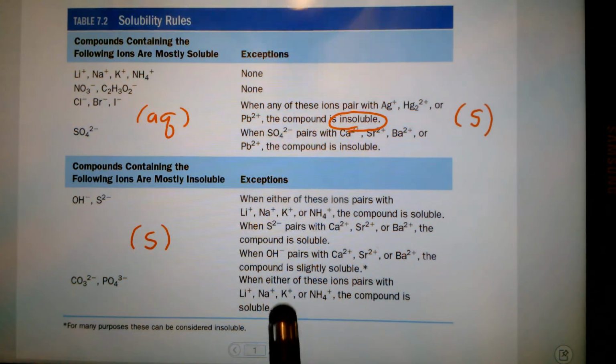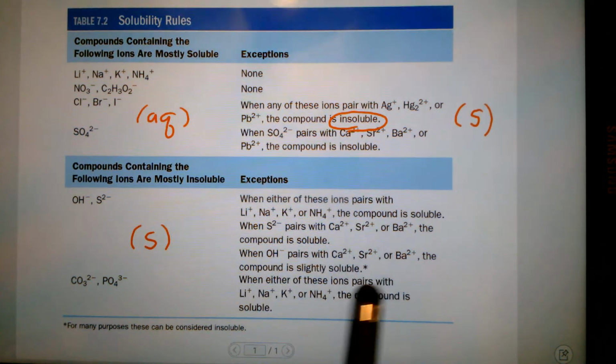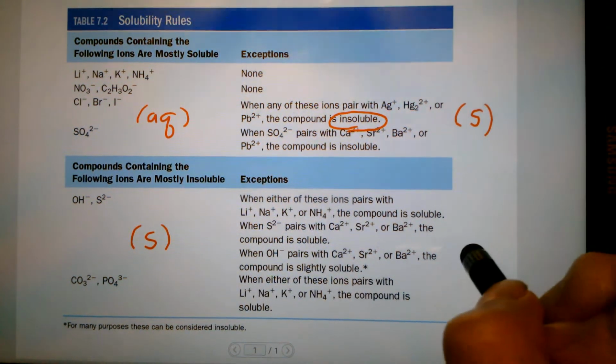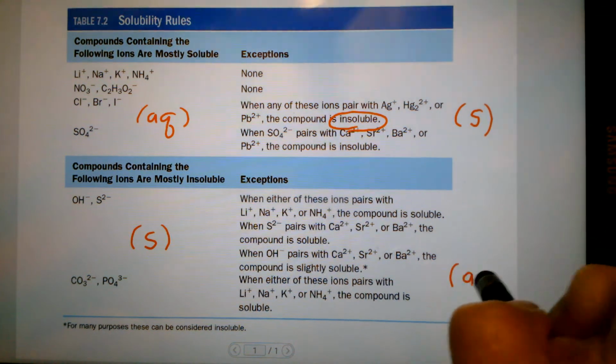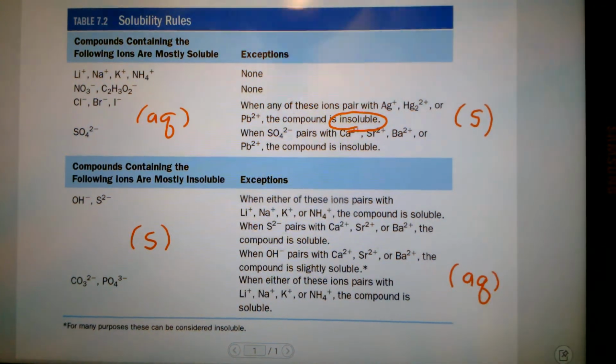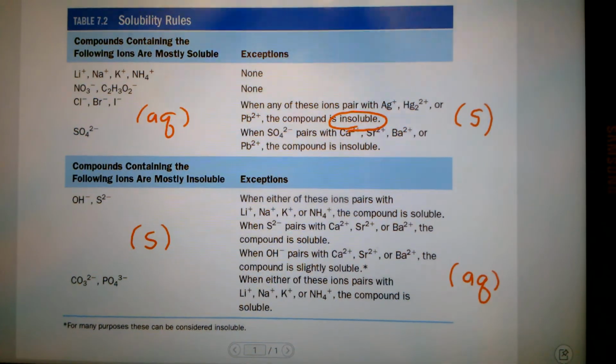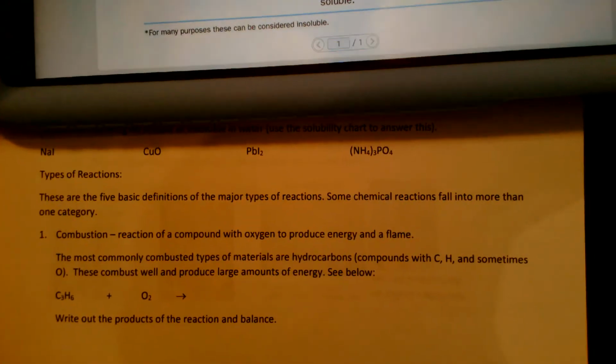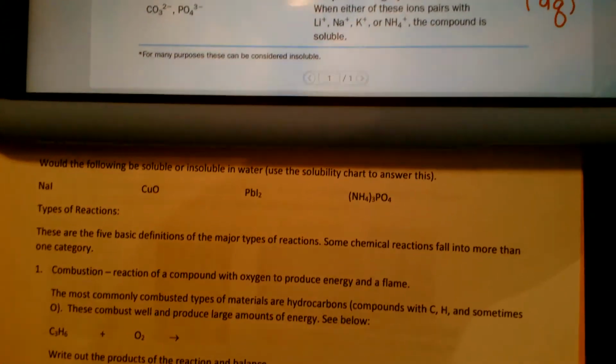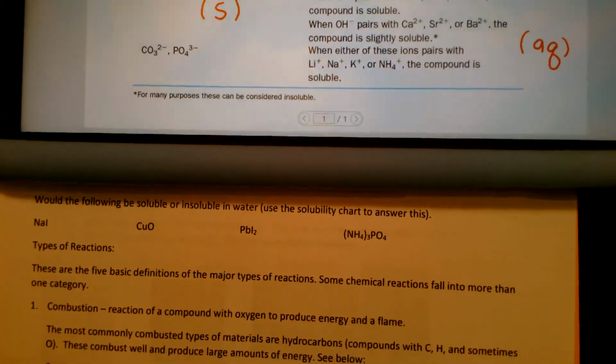And for carbonate and phosphate, again, only our lithium, sodium, potassium, and ammonium. Okay, so over here, these exceptions will make it aqueous. Okay, so that's what we're going to use for this part right here.